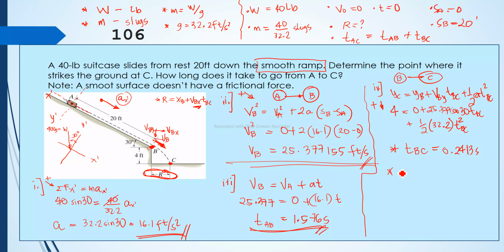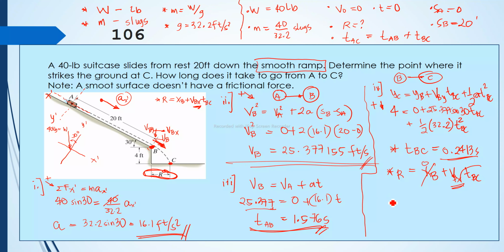From that, R is equal to the initial position along x plus the initial velocity along x times the time BC. So we just substitute the values. This is 0, this is 0.2413, and our VBx is just the cosine of 30 degrees of this.